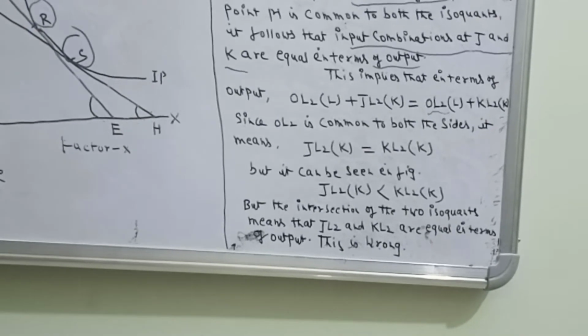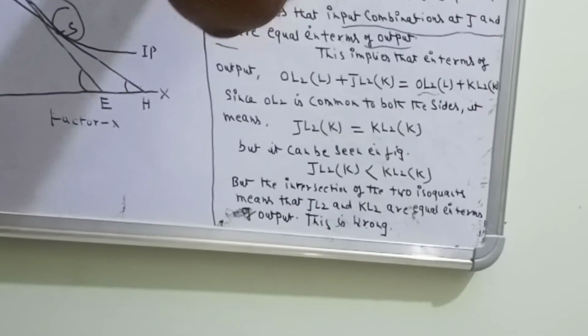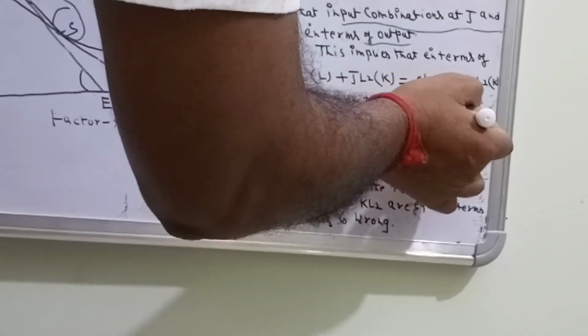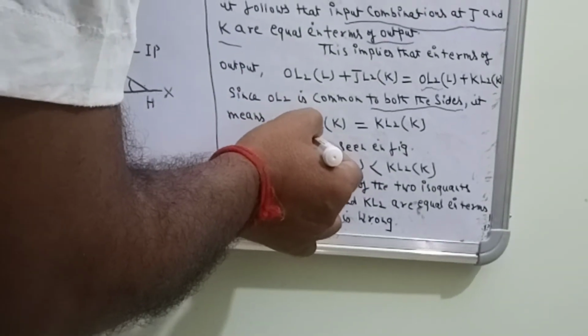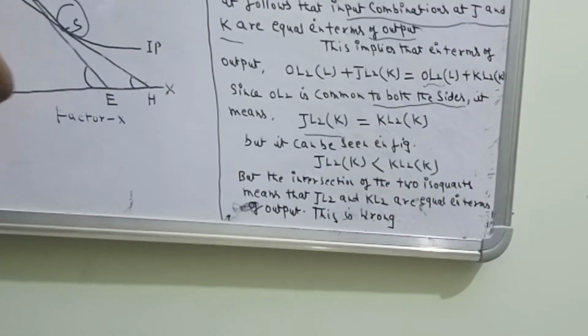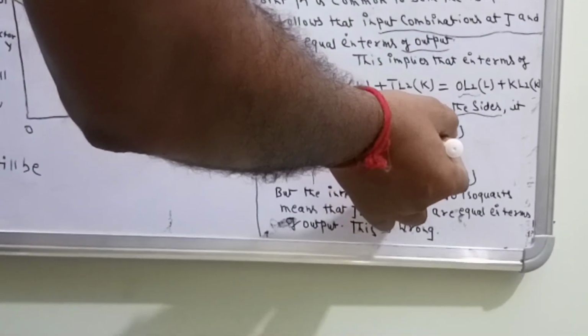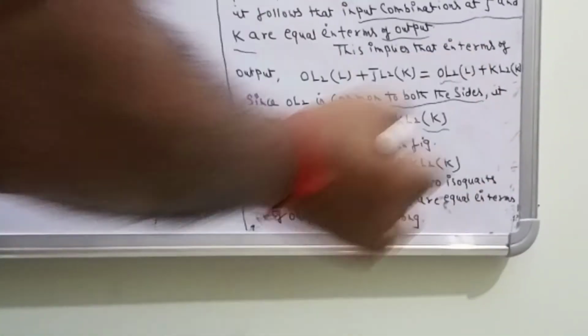Since OL2 is common to both sides, it means JL2 of capital is equal to KL2 of capital.